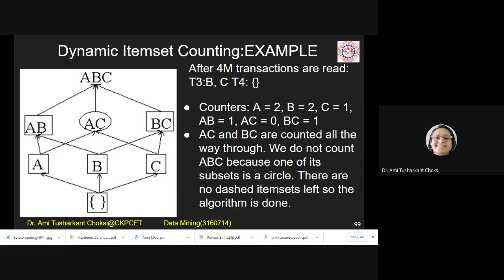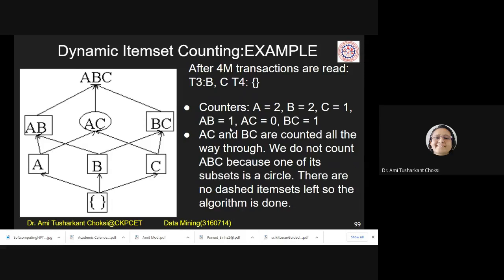This is the second pass where we have read all the transactions, that is 3M and 4M transactions. So now we can say that the count for the two item set is confirmed. AC is equal to 0.